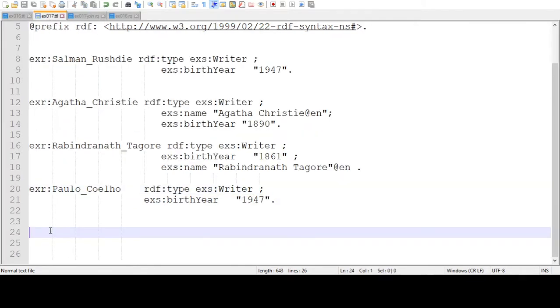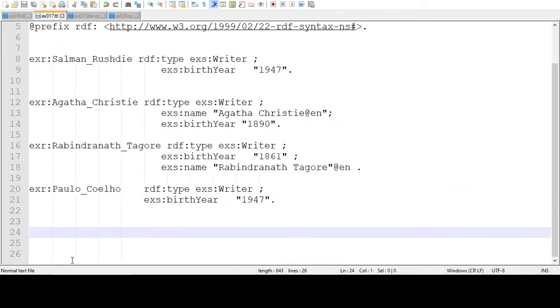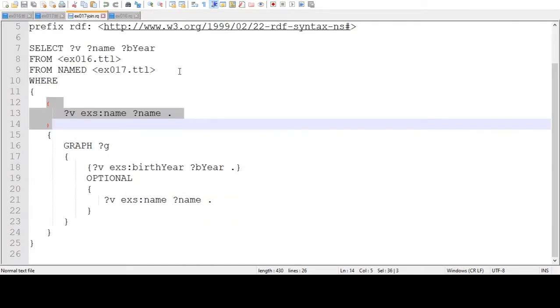We'll be using this later. We are commenting this and let us call it the for loop. Right. Now let us go back to the query.